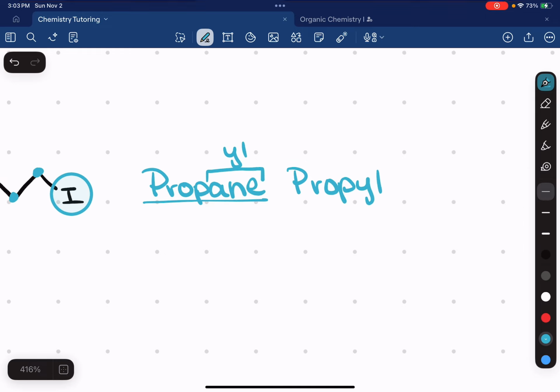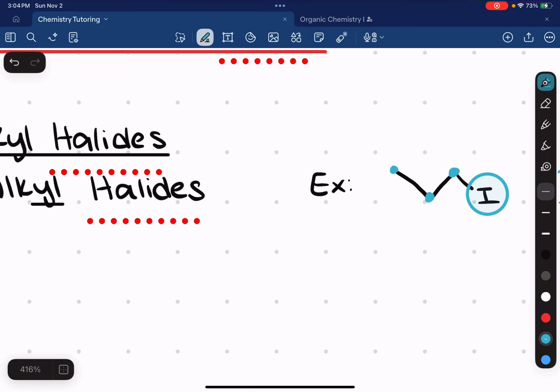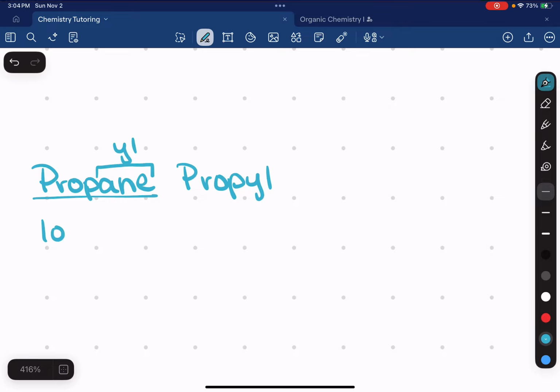And then this is our halide, and it's iodine. But we're turning it into a halide. So normally it's iodine, right? But halide. So this part, this is the halide.